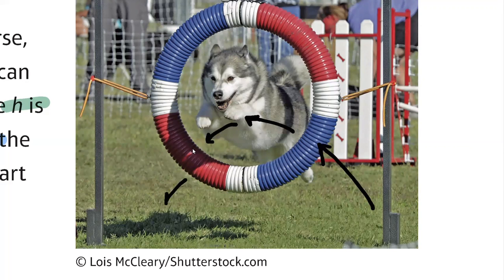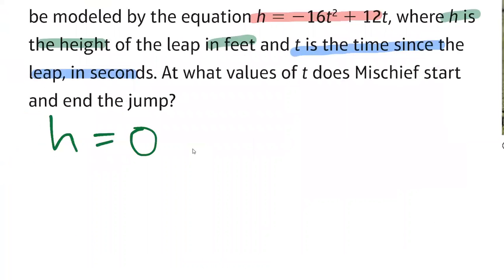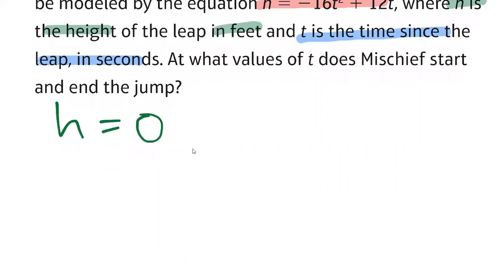So basically where Mischief starts the jump is on the ground, and then Mischief's jumping forward to land on the ground. And the consistent thing about starting and ending a jump on the ground is that the height of Mischief's jump is 0, because if Mischief jumps from the ground and ends on the ground, he or she starts and ends at a height of 0.